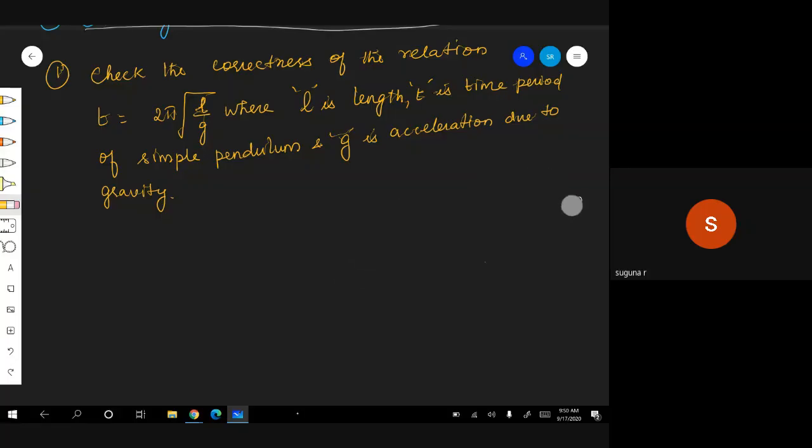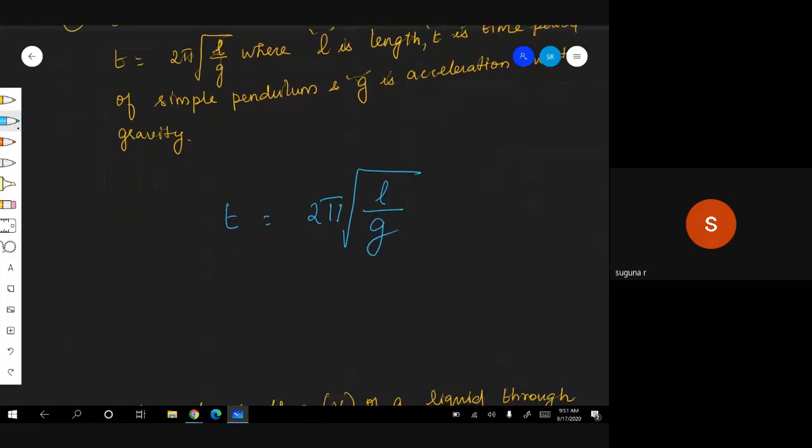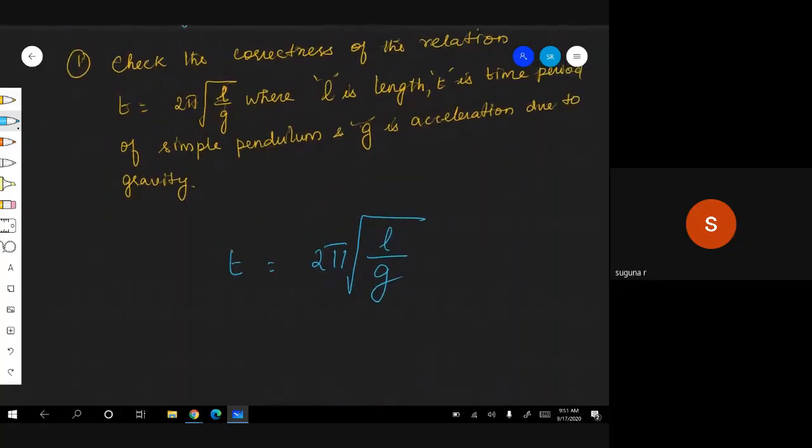Okay, now with this, let us go. This is very simple. We are asked to check the correctness of the equation. What is the equation? T is equal to 2 pi into root of L by G. Now what you have to do is apply dimensions on both sides.